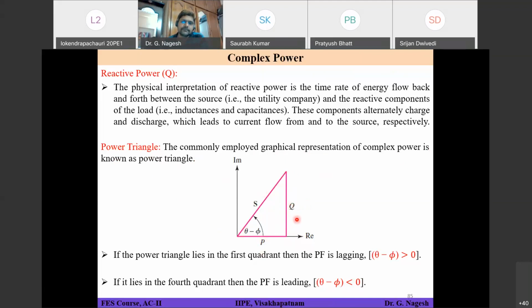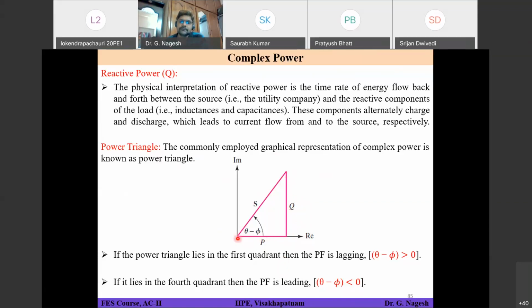Q can exist because of an inductor present in your circuit, a capacitance present in your circuit, or both inductance and capacitance present. If both are present also, Q can have some value. It can be a positive value, meaning it will be in this direction. If the Q value is negative, then it will be in the downward direction. You are understanding?